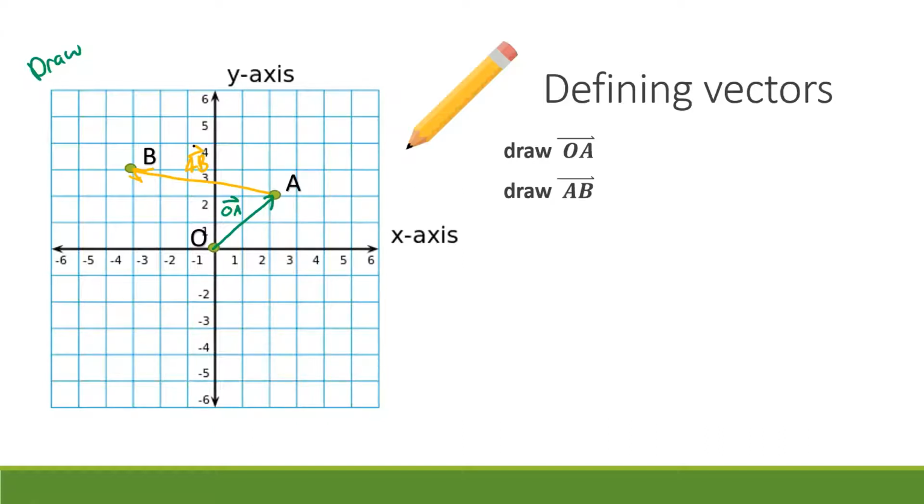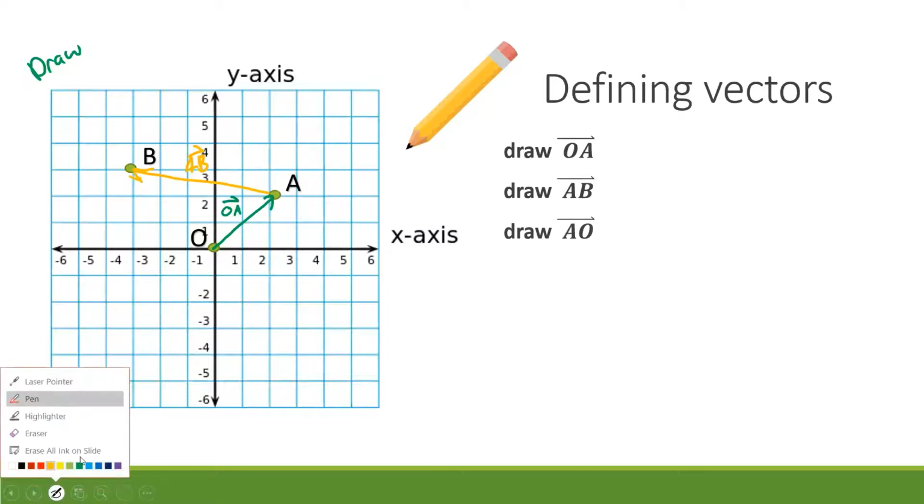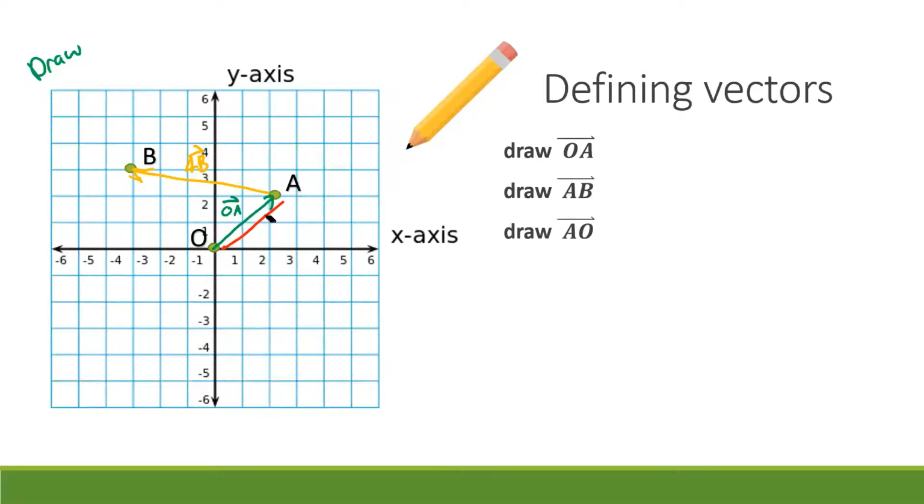Quite simple at the moment. But we're going to have some simple problems. That's fine. Let's do vector AO. Now, vector AO is not the same as vector OA. Vector AO is actually in the opposite direction. We say vector AO is actually this way. And it's going to be difficult to draw, because I've already drawn a line there for OA, but still.